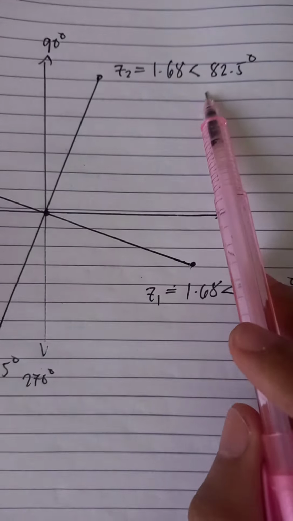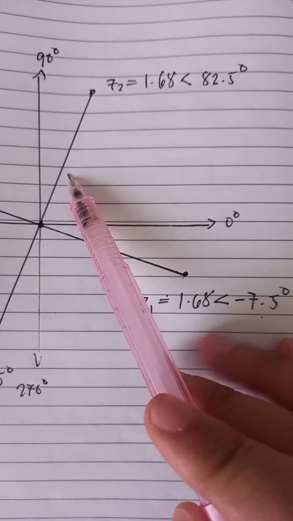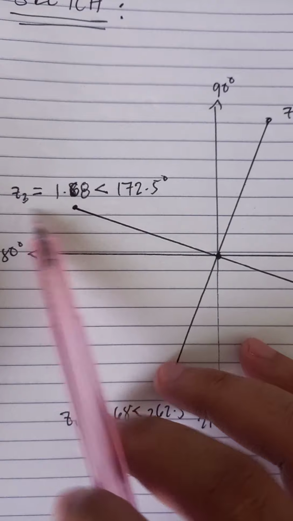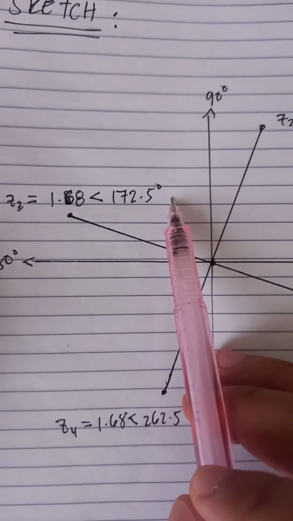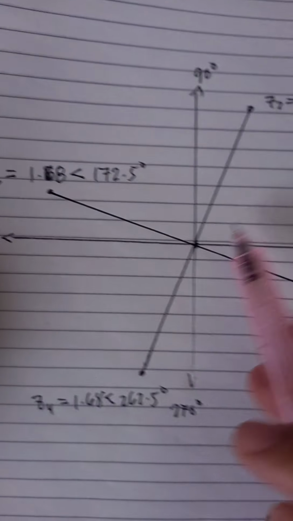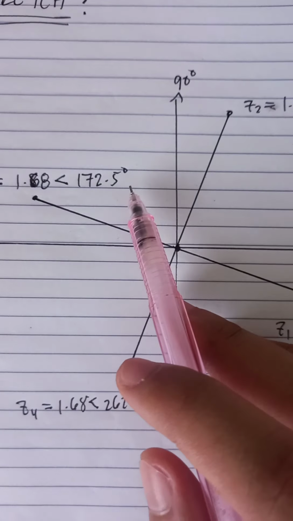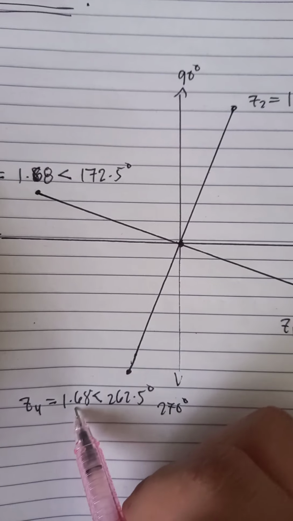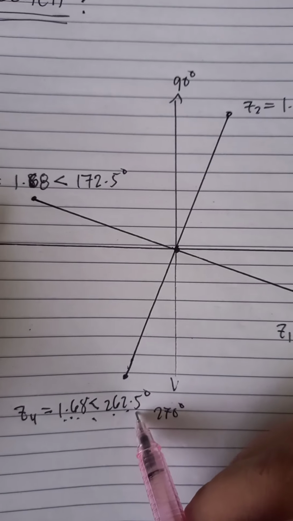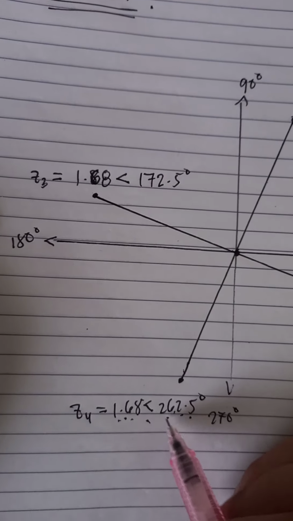And Z2 is 82.5. So this is 90 degrees, and this is 82.5 degrees, the value of Z sub 2. And then we have Z sub 3, 172.5 degrees, from 90 to 180. And here we have 1.68 angle of 262.5 degrees.